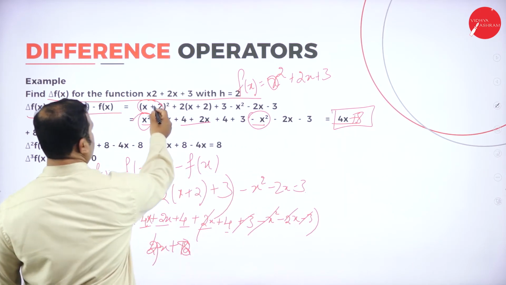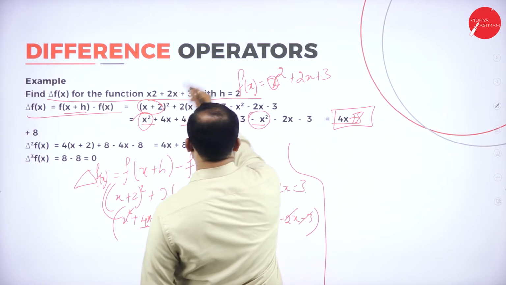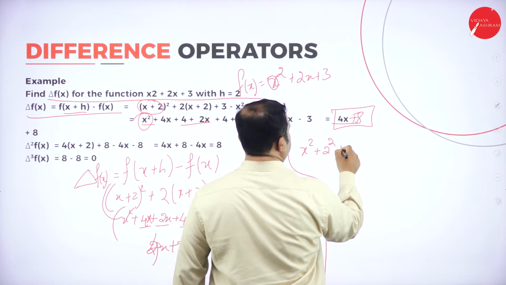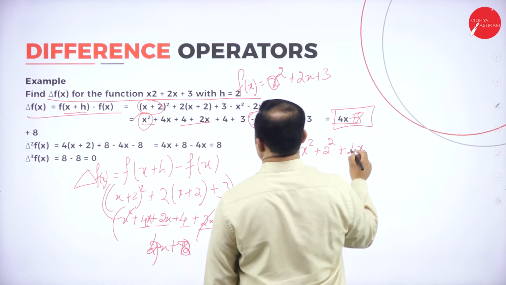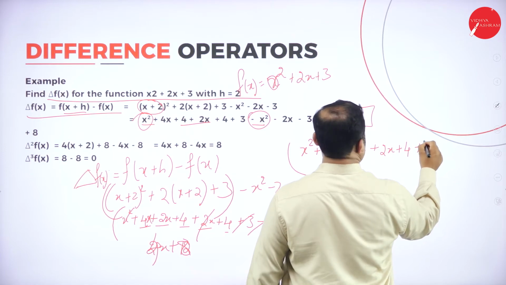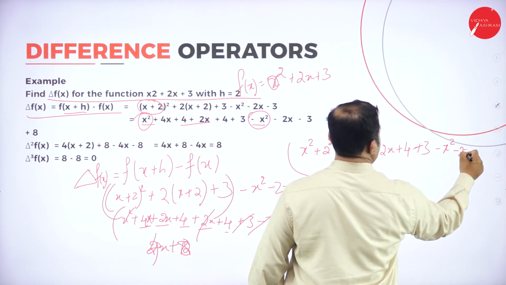Let me rewrite this term once again. (x+2)² can be written as x² + 2² + 2 times 2x, that means this becomes 4x. This becomes 2x + 4 + 3 minus x² minus 2x minus 3.